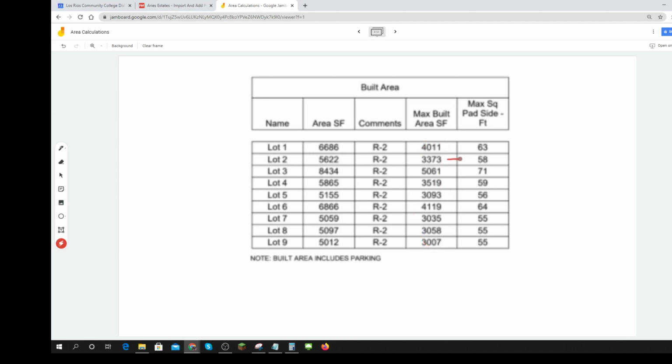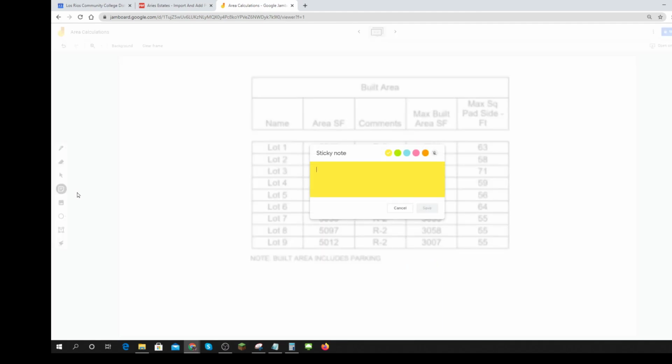I'm finding some square that has the same area. So let's see if I can figure out how to do that. I know that the area equals one side times another side if it's square.